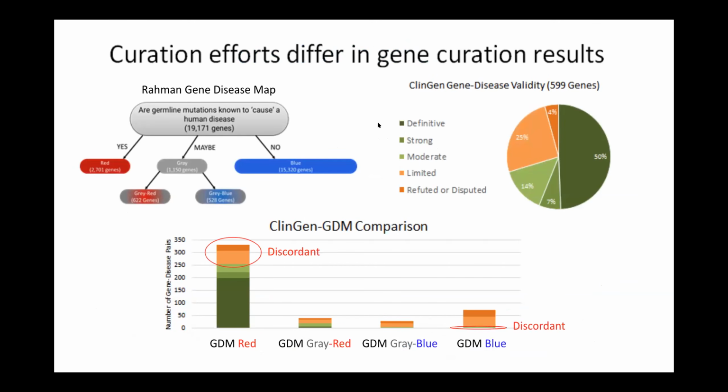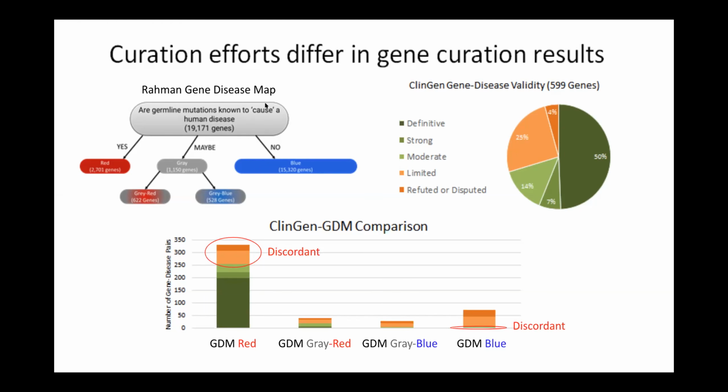So first, when we were looking at curation efforts across the different groups, we found that they really do differ in gene curation results. One of the first efforts that we looked at was ClinGen versus an effort from TGMI previously that's been discontinued, at least for now, which is the Gene Disease Map. One reason that these differences may arise is the granularity of the curation.